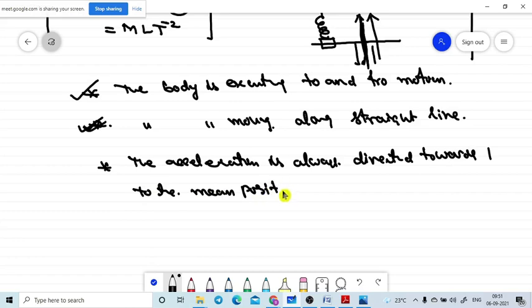It may be a fixed point or the mean position. So this will happen like this.